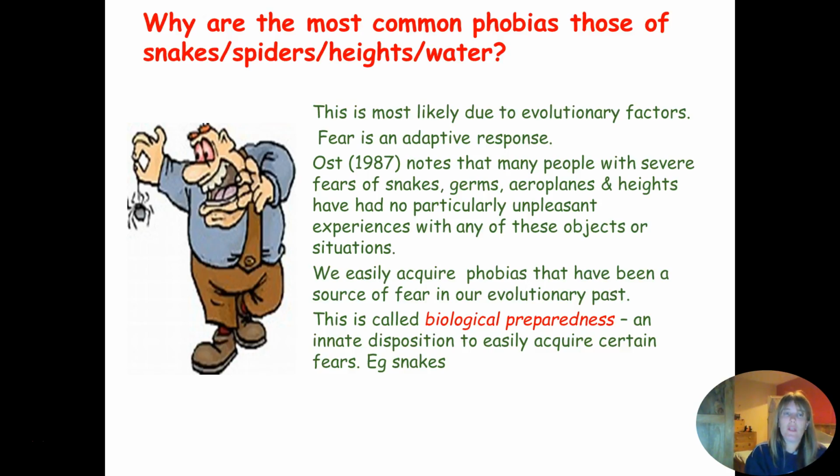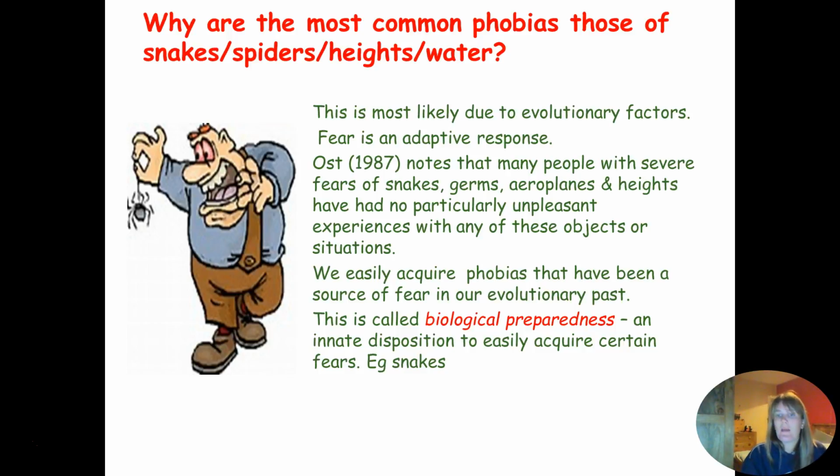Next evaluation point. What are the most common phobias? Generally, most people are afraid of spiders, snakes, heights, water. And this is most likely due to evolutionary factors, because being afraid of something is actually an adaptive response. It's the flight or fight response that we covered when we did biopsychology. It's good to be afraid because it helps us run, get away from whatever it is, get our muscles working.